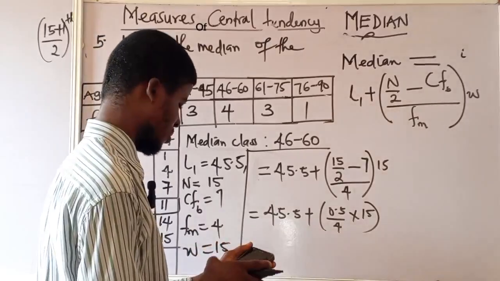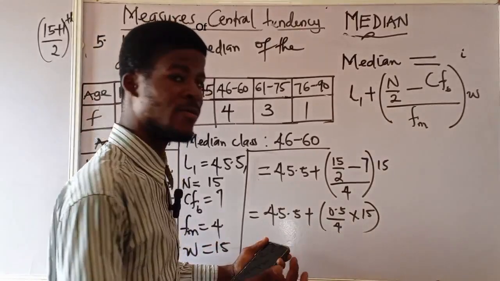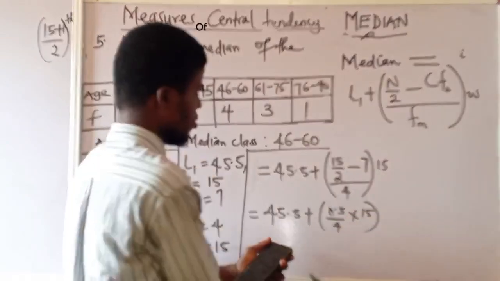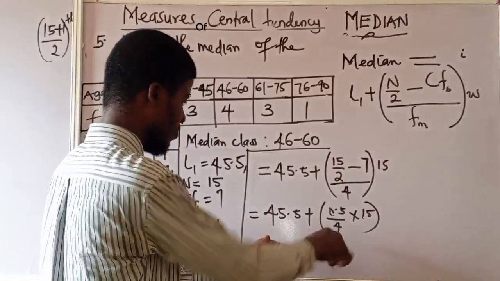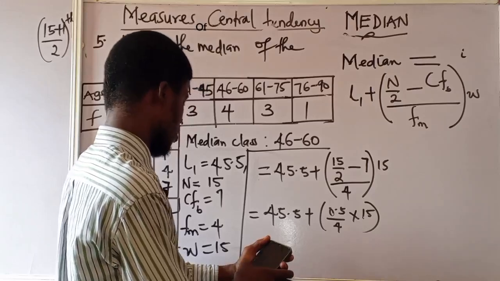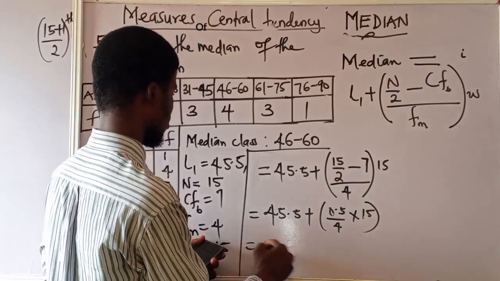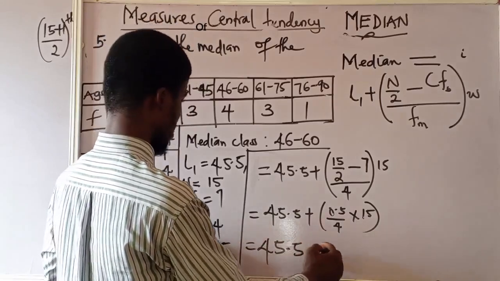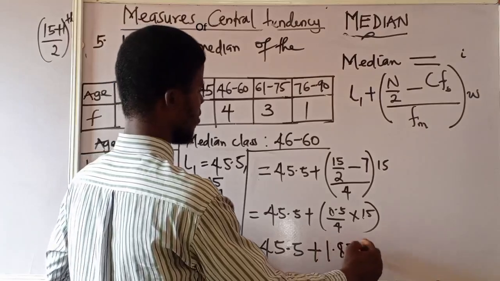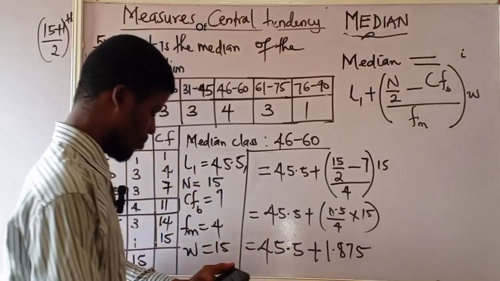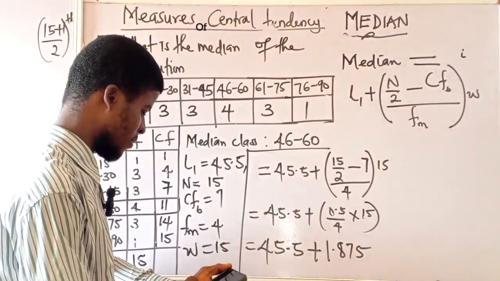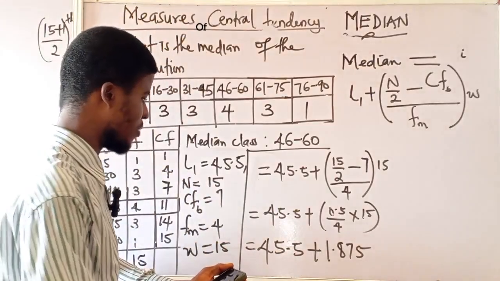0.5 times 15 is 7.5. So 7.5 divided by 4 is 1.875. So this is 45.5 plus 1.875, and that's 47.375.